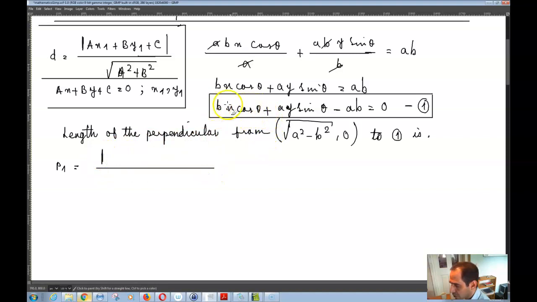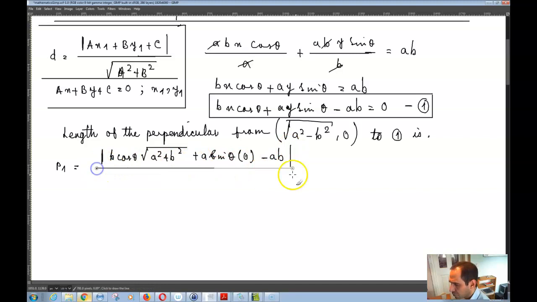So a here is b cos theta, times x1, which is the square root of a squared minus b squared, and b is a sine theta times y1, which is equal to 0, plus c, which is equal to negative ab.